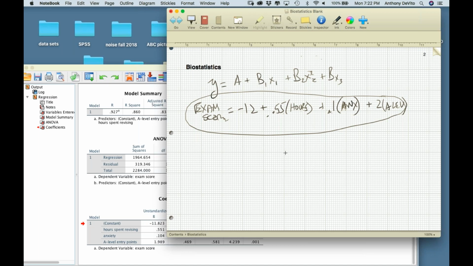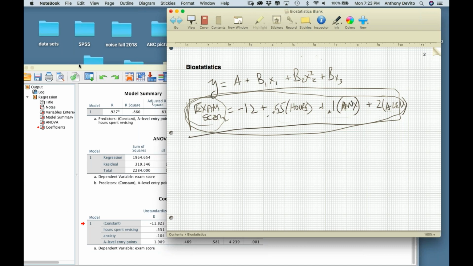Kind of an odd result, but it may be because that's influenced by the hours and the A levels, correcting for the hours and the A level. The A level, again, for whatever that score represents, for every value it goes up by 1, it's multiplied by 2, and that raises his exam score. So that is an equation that represents the relationship between the dependent variable and these 3 independent variables.